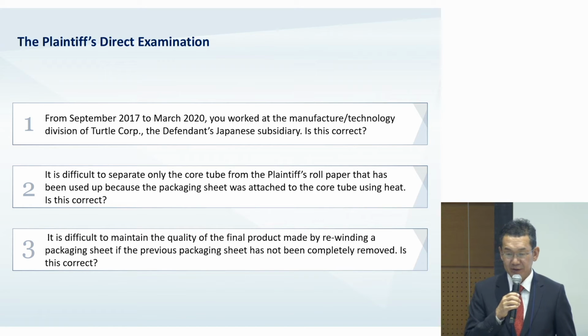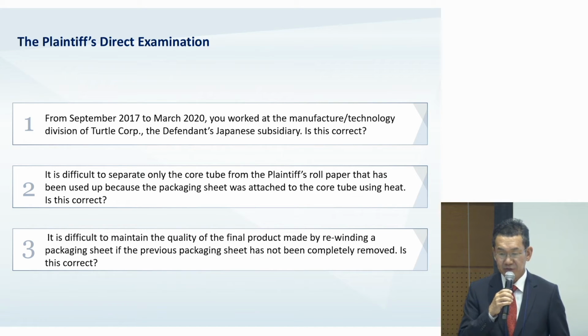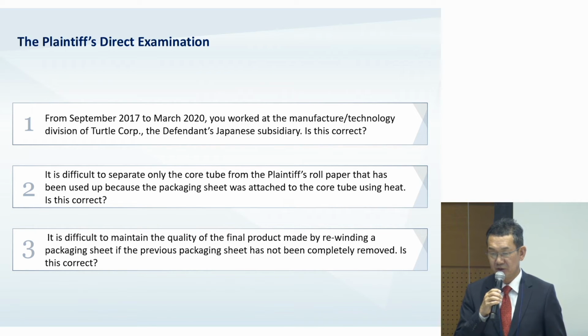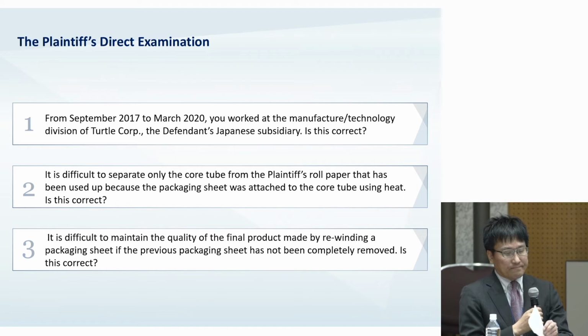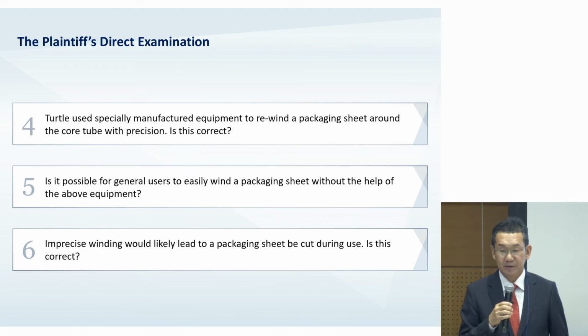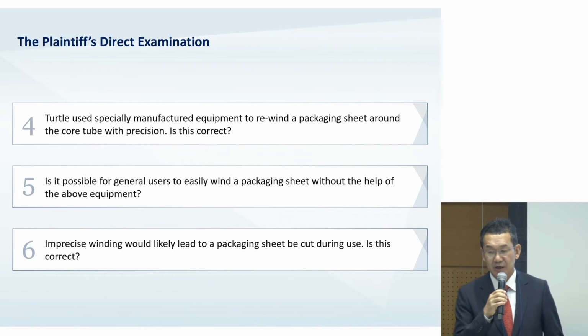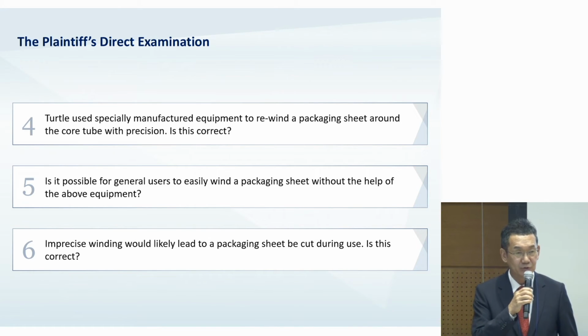Very good. And thirdly, it is difficult to maintain the quality of the final product made by rewinding the packaging sheet if the previous packaging sheet has not been completely removed. Is that correct? Yes. And then next, I'll ask the very important question.